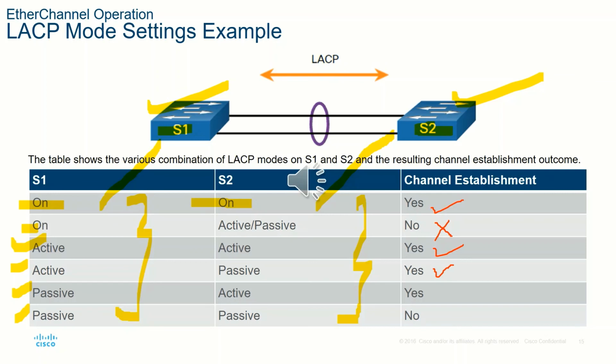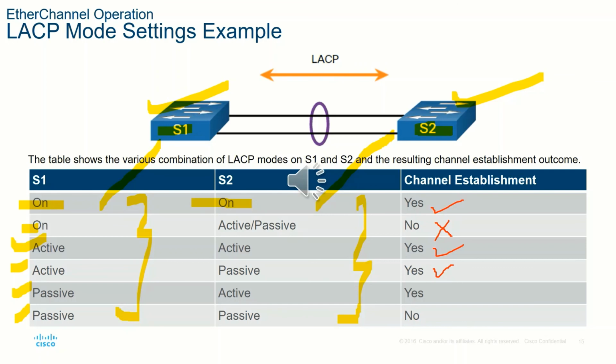That means S1 will actively negotiate the EtherChannel connection by sending LACP packets to S2. What will S2 do? S2 is in the passive negotiation state. When any device sends LACP packets, it will respond to that packet. So switch 2 will respond to the switch 1 LACP packet. So the connection will be established. The EtherChannel will be established between S1 and S2.